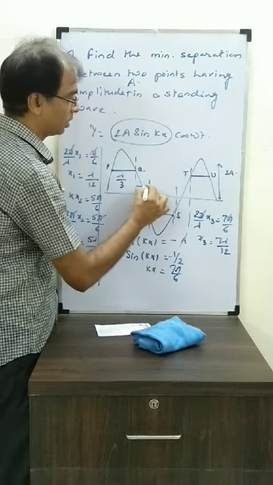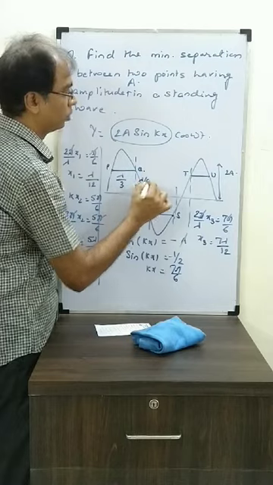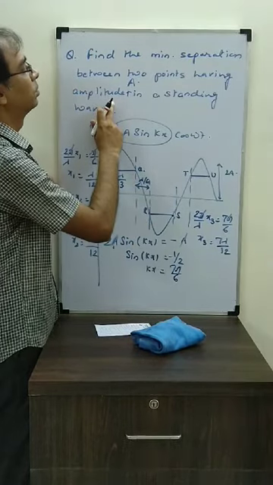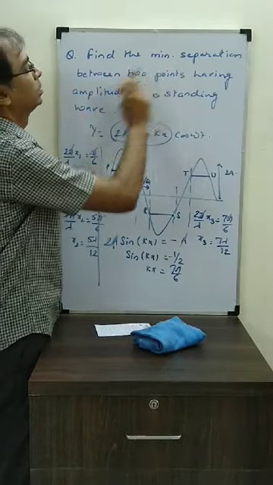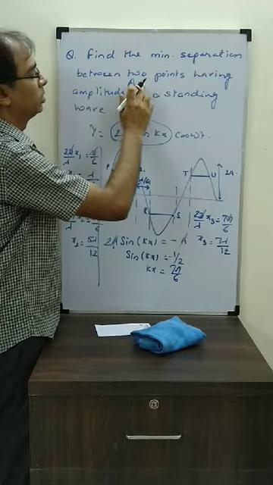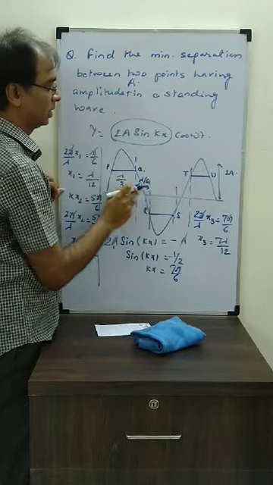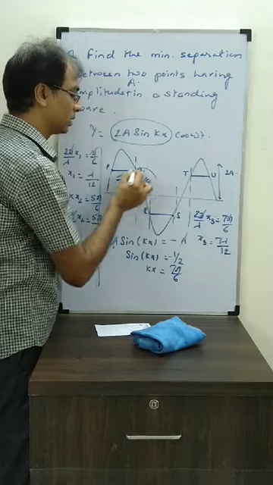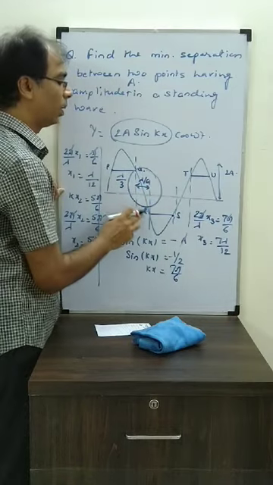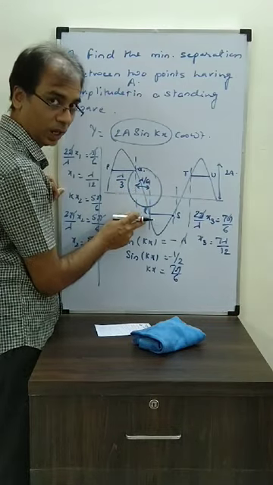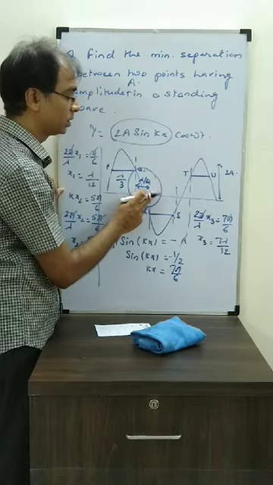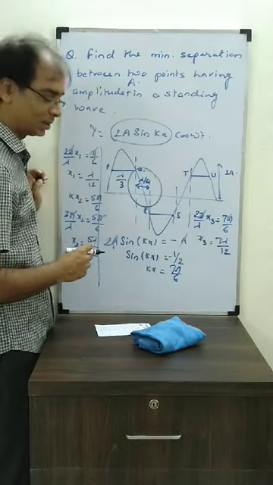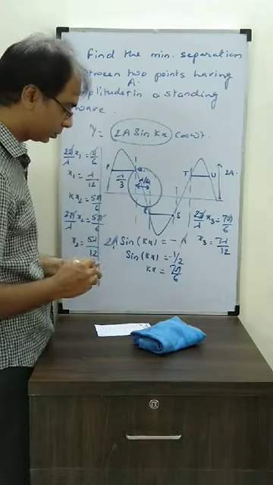So this separation is lambda by 6. Now you have to find where it's minimum. Find the minimum separation between 2 points having amplitude A. So is lambda by 6 less or lambda by 3? Lambda by 6 is less. So two particles having amplitude A, the minimum separation between them is lambda by 6. I hope it's clear to you.